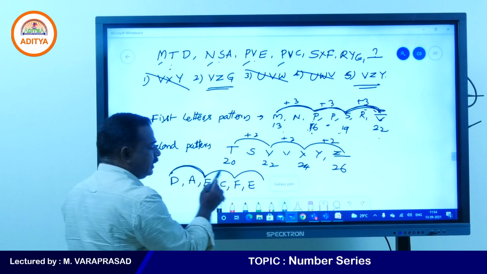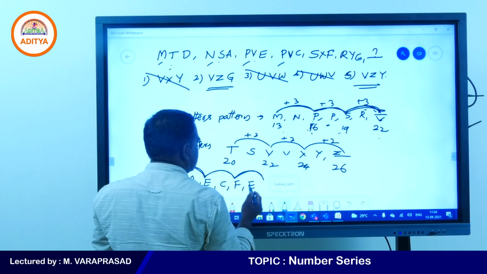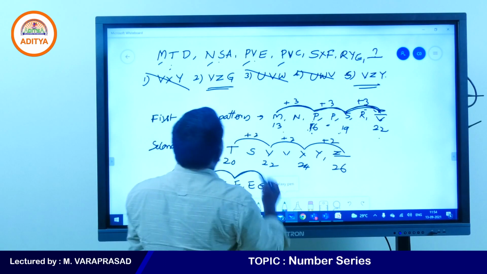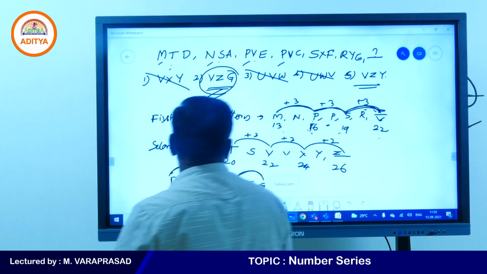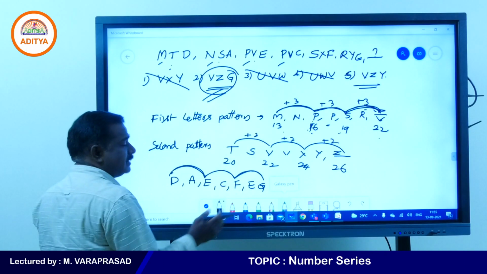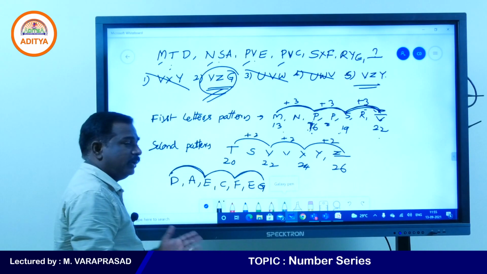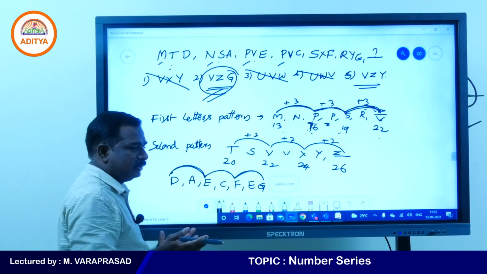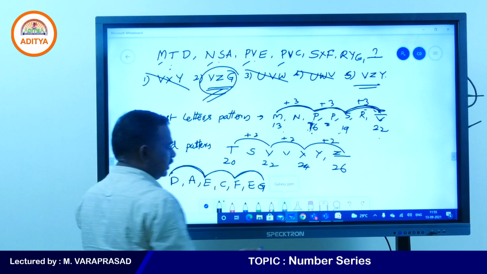D, E, F, the next one after F is G. So where is it? V, Z, G, right? Option number 2. Here the first letters are given as alternate letters. Because two P's are there, immediately you think that P becomes P means plus 0, so it's a little different. So alternate letters are there, that you need to think.